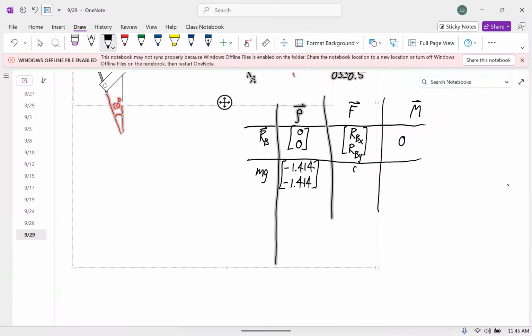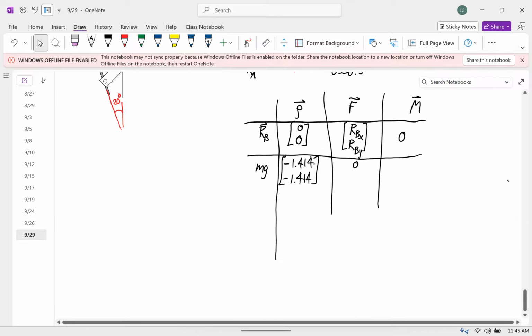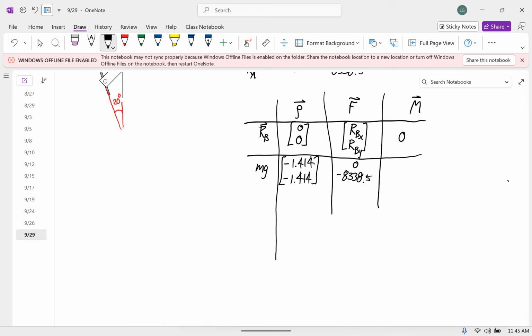The force vector is 0, negative 8338.5. The cross product is 11,790.6.